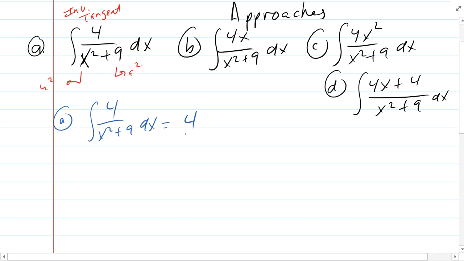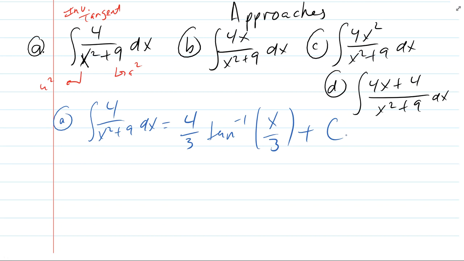The a is 3, so it's 4/3 tangent inverse of x over 3 plus c. That easy? It is, if you remember your formulas.